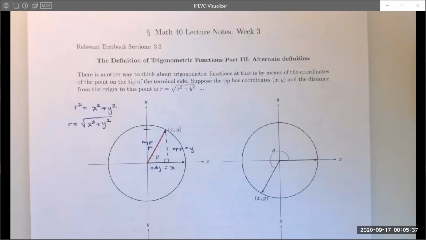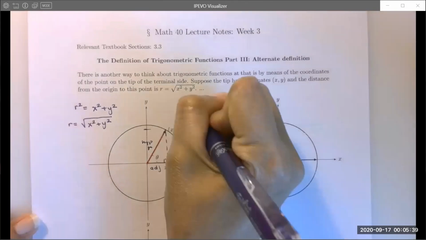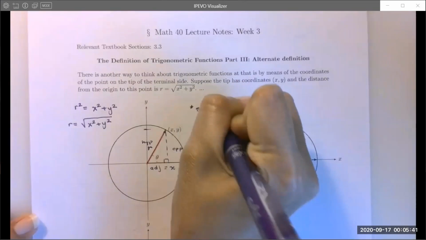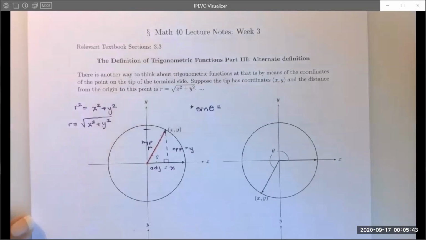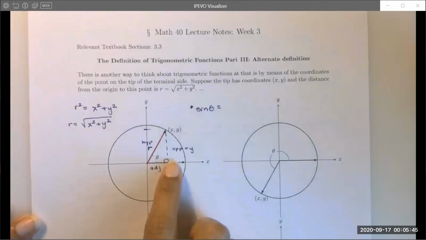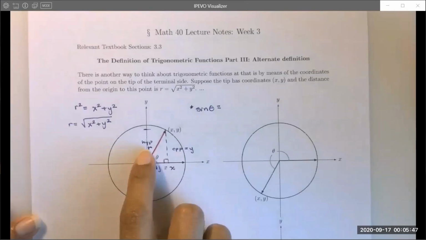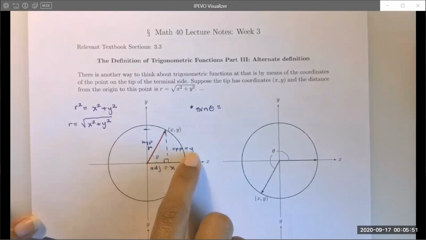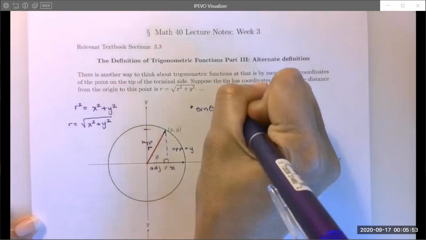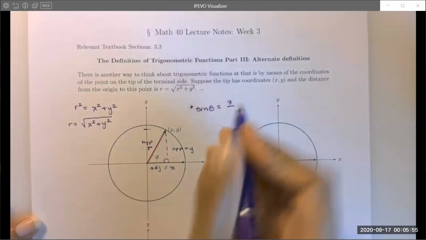So now with those labels, let's think back to the trig functions. If we wanted to take a look at sine of the angle theta, under the very first definition that we learned, sine was opposite over hypotenuse. Now the opposite side is y, so we get y over r for the hypotenuse.